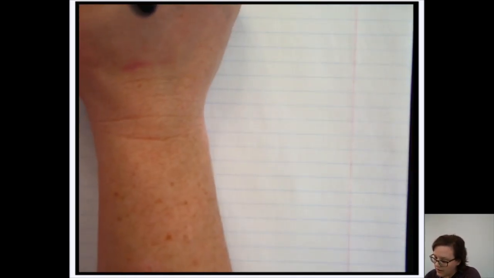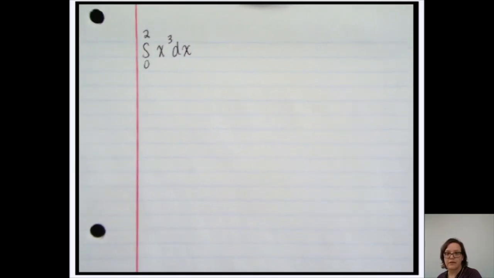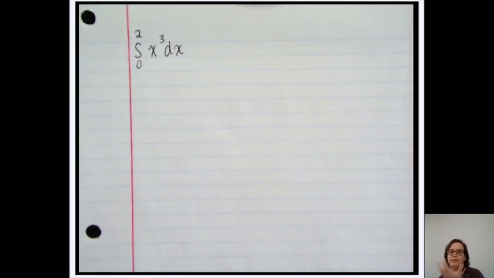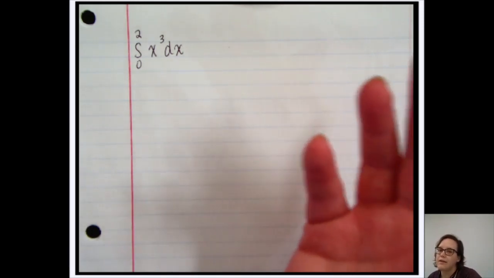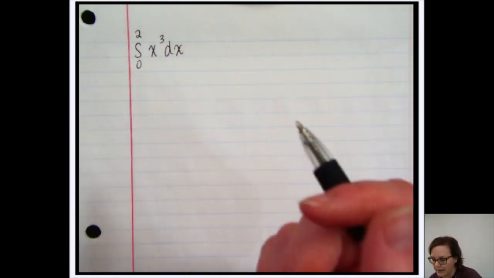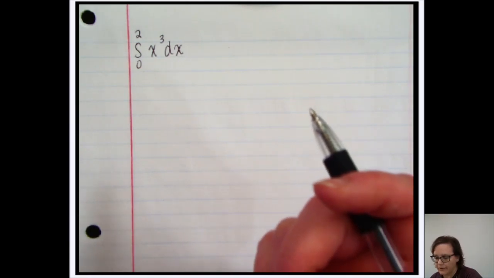So let's take the function from 0 to 2 of x cubed dx. Get that where you can see it. Now this is one we know how to do as well, right? It's just x to the 4th over 4, and then we plug in 2 and we plug in 0. I thought I did that somewhere.